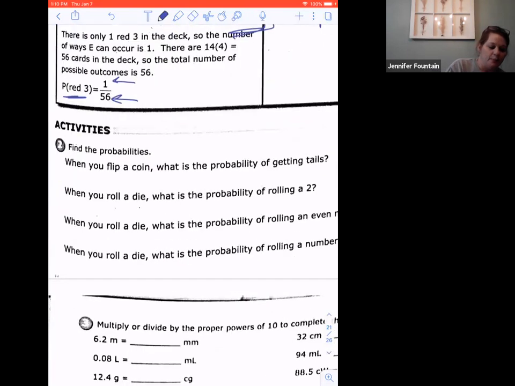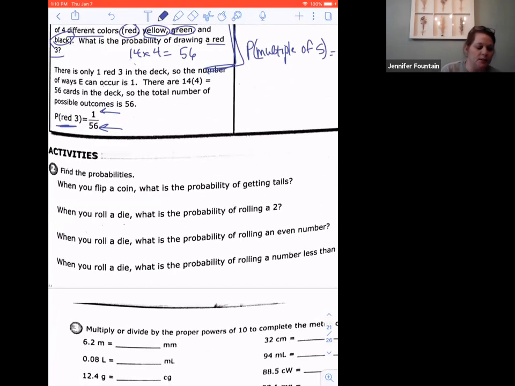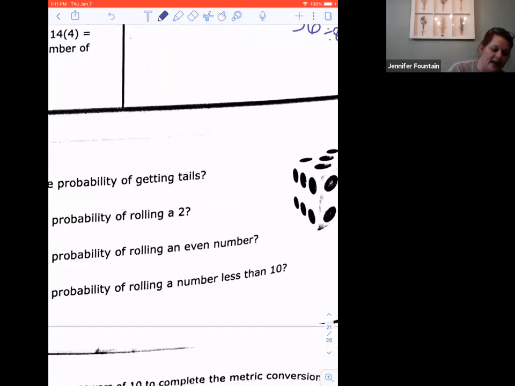It says find probabilities. It says, what is the probability when you flip a coin? What is the probability of getting tails? Okay, so let's think about this. Remember, in my numerator, I've got my desired results or what I want to happen.